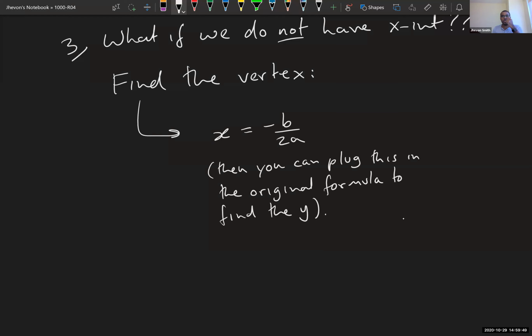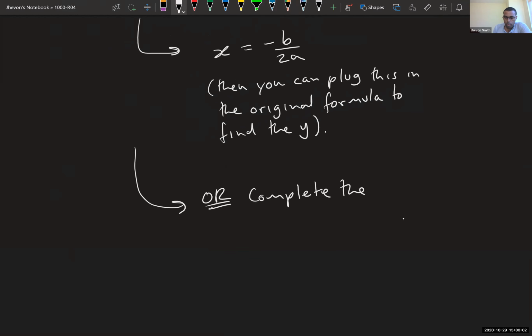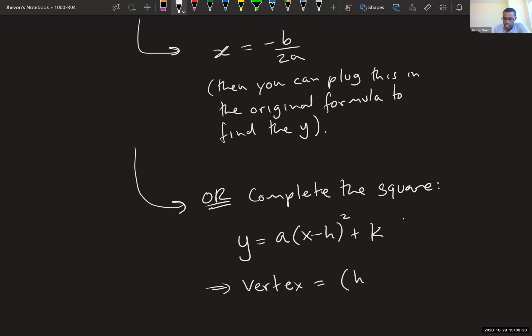Okay, so that's one way to find the vertex, very computational. There's another way to find the vertex, or you can complete the square. So this means that your function would now look like this, where there are going to be some numbers h and k, and then the vertex is going to be h comma k.